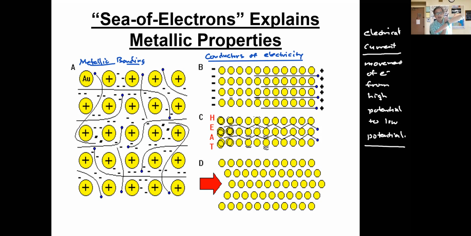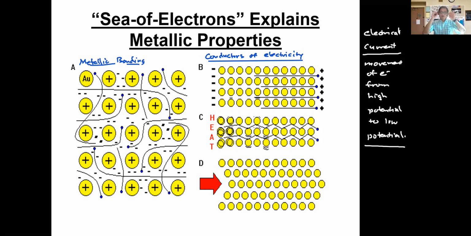So we say the higher end of the lake is at a higher potential than the lower end. Higher elevation, high potential; lower elevation, low potential. When you set up a potential difference in that manner, you get water to flow. A difference in potential means you have one place that's higher up than another place that's lower.